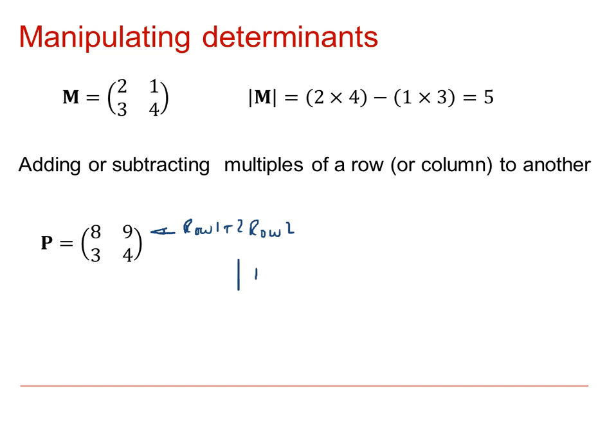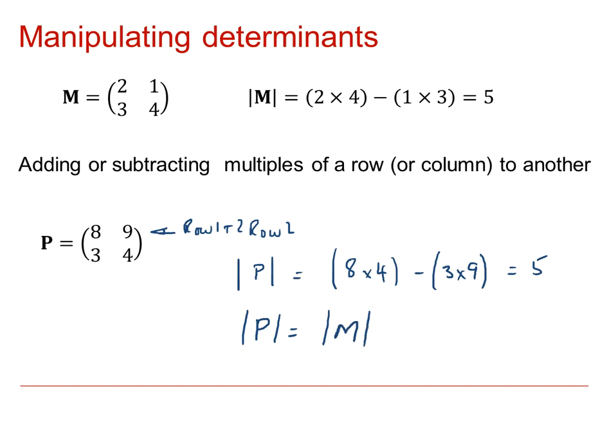If we calculate the determinant of P, then this is 8 multiplied by 4 minus 3 multiplied by 9, which is also equal to 5. And that's true in general, that adding or subtracting multiples of rows or columns to each other leaves the determinant unchanged. So we can see here that the determinant of P was equal to the original determinant of M.